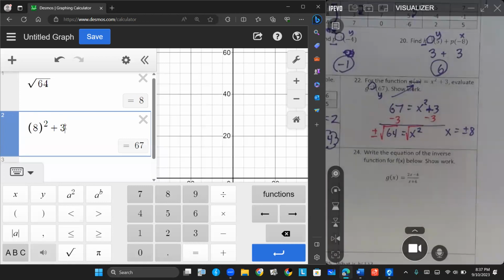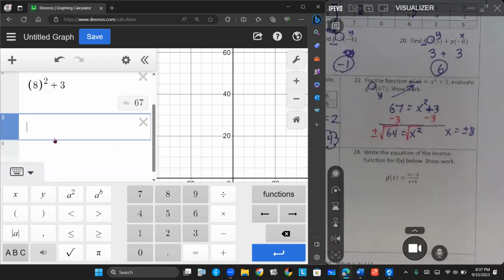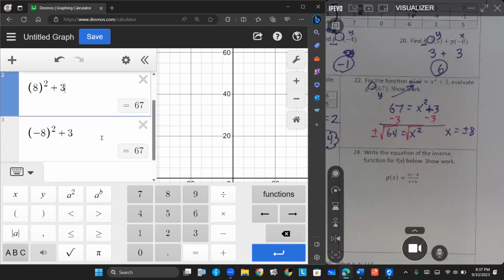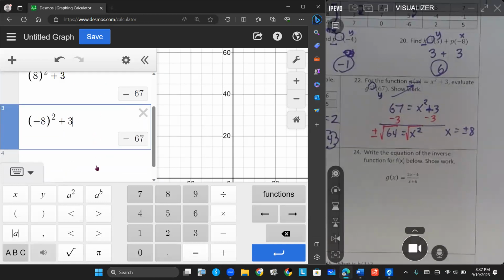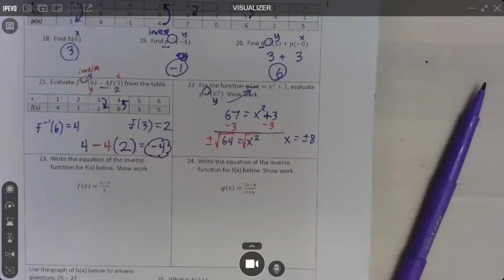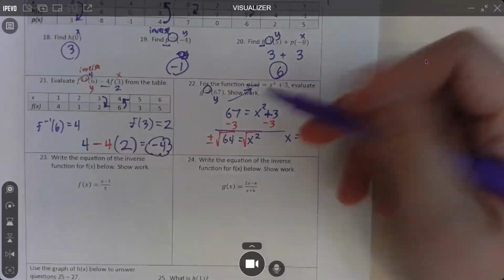But you can also get that by plugging in -8. So don't skip out on your plus or minus. Both give you the same answer here, so you have to have both in your solution. Okay, next question. So plus or minus 8 is your answer.